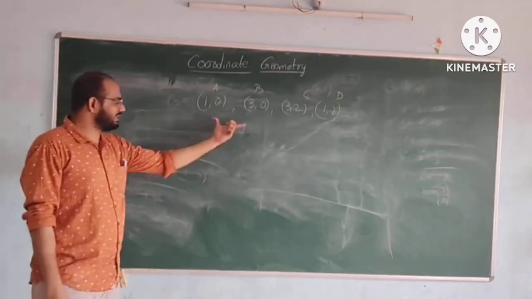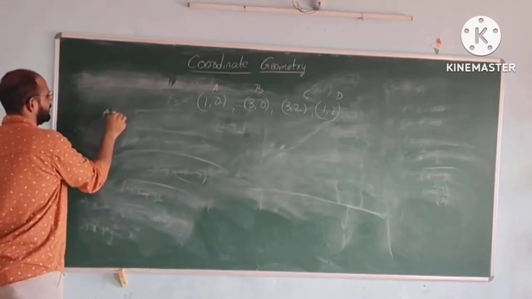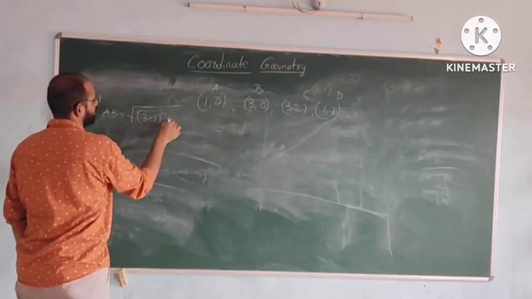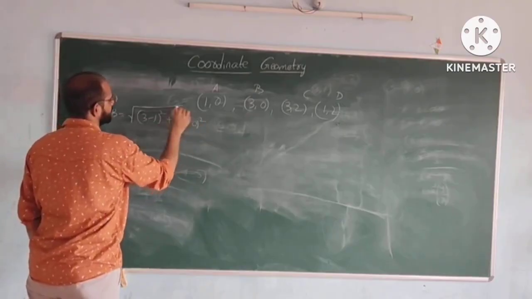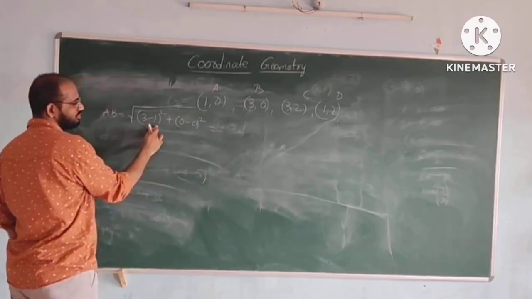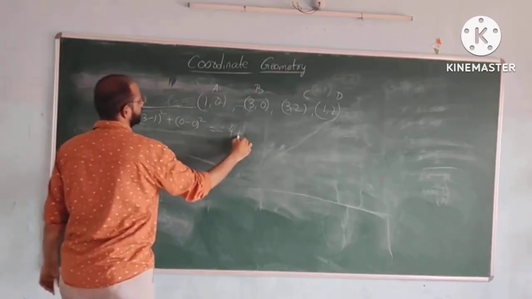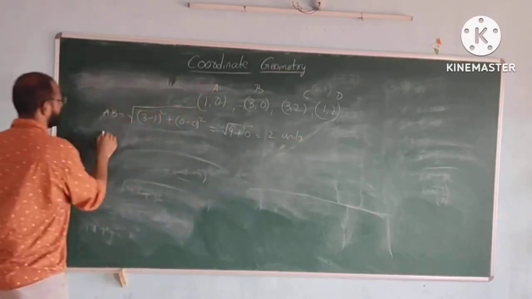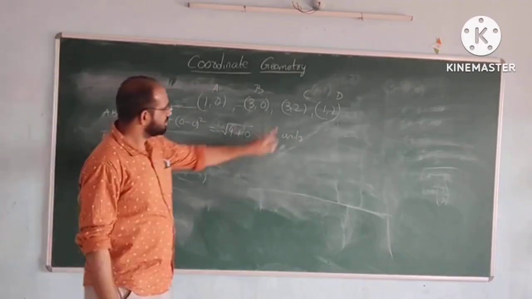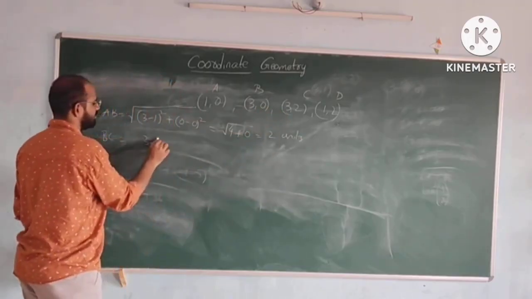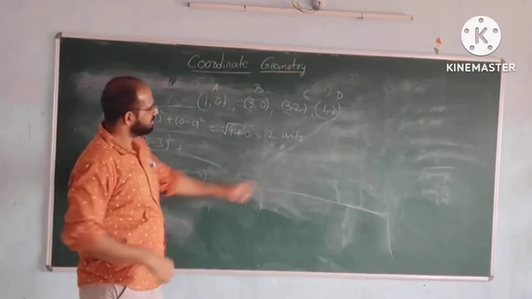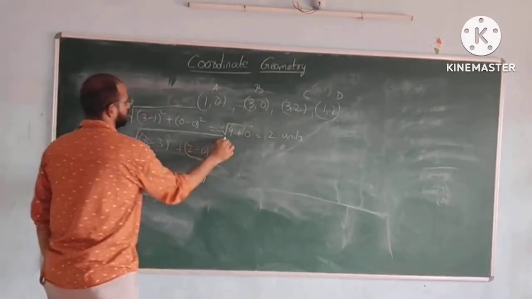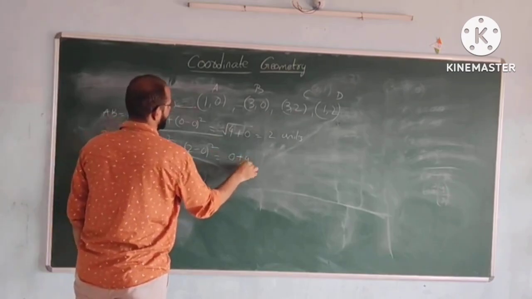Let us find the distance AB. AB is root over x2 minus x1 whole square plus y2 minus y1 whole square. 3 minus 1 is 2, 2 square is 4, 4 plus 0. So it is 2 units. Similarly BC: 3 minus 3, 0 square, plus 2 minus 0 square, so it is 0 plus 4.